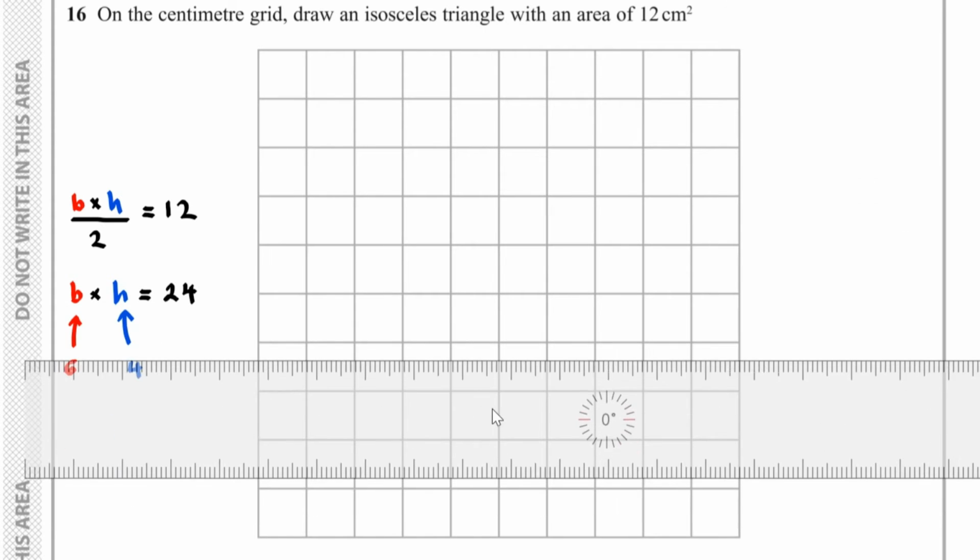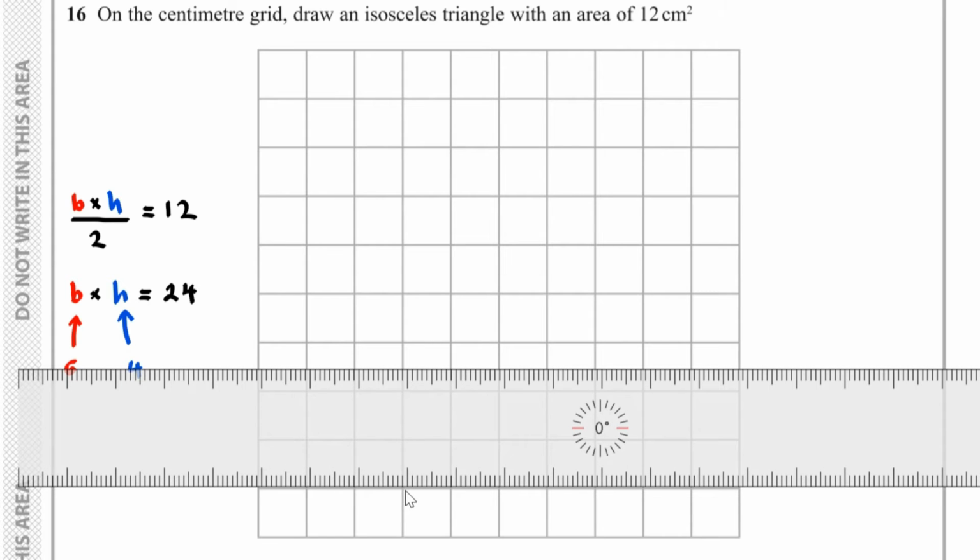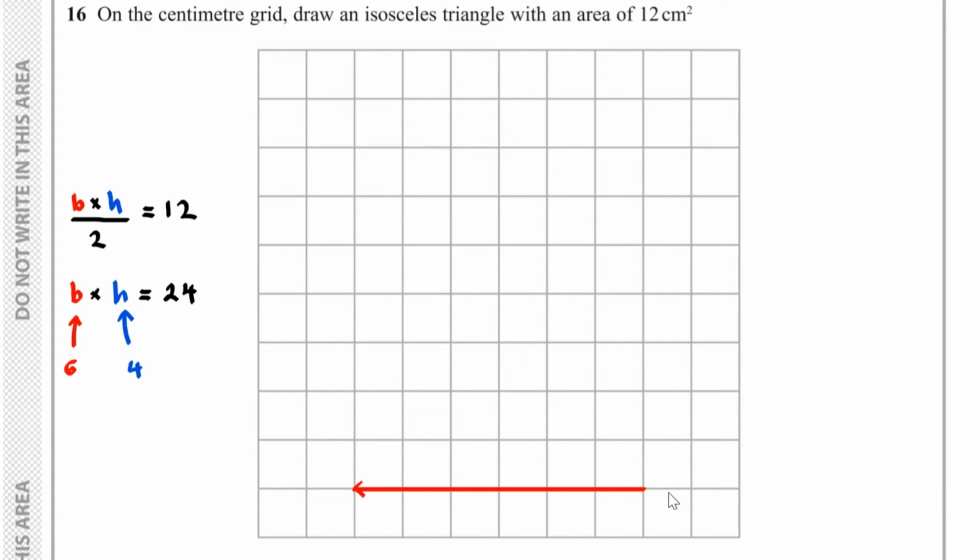So if I have a base of 6, then here is the base, rather, I've got the base, which is 6 over here, and then I've got the height, which is 4, which I need to draw on.